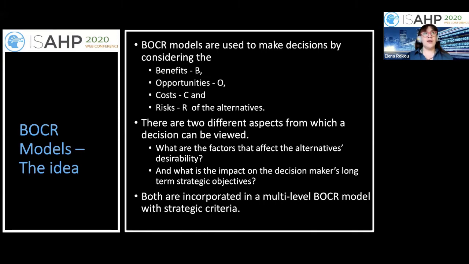So if you want, you can say that you have a micro and a macroscopic view of the problem. The strategic objectives of the decision maker and the long-term goals that they have are one side of the decision, and the other side is objective. You could use it in any real company, and it refers to the actual benefits, opportunities, costs, and risks.